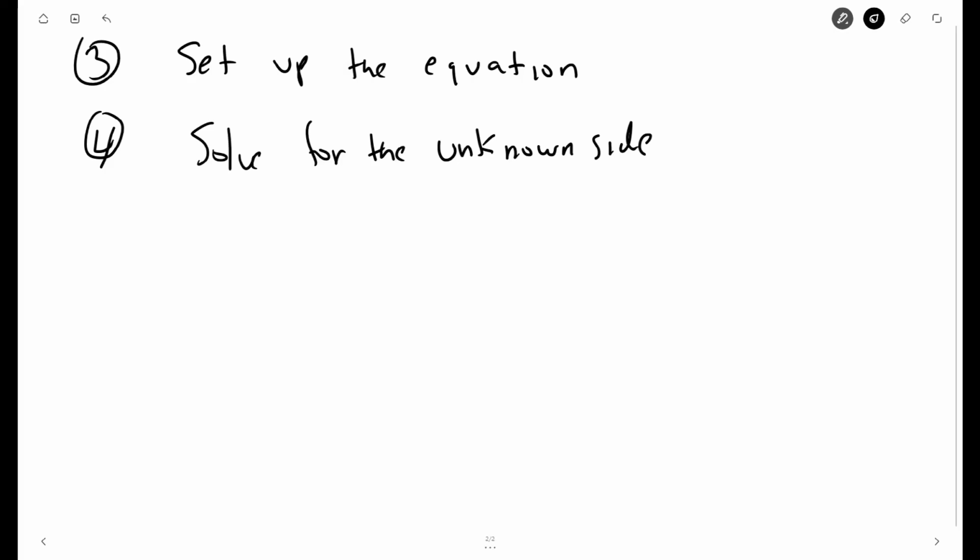So let me give you one example. Let's say you're given theta equal to 30 degrees, and your adjacent side to this angle will be 5 units long.